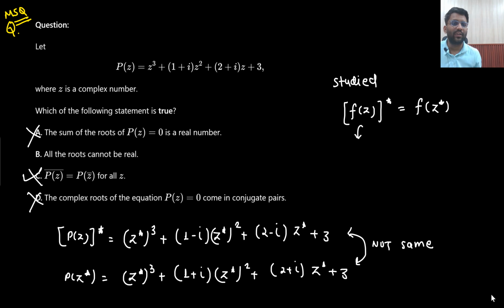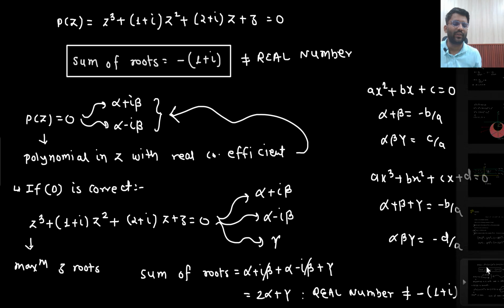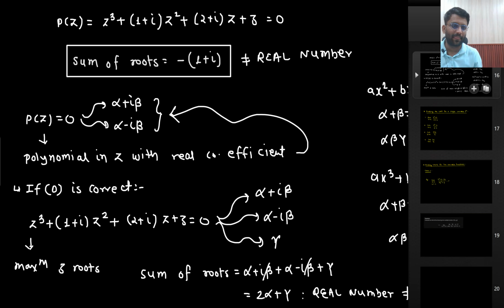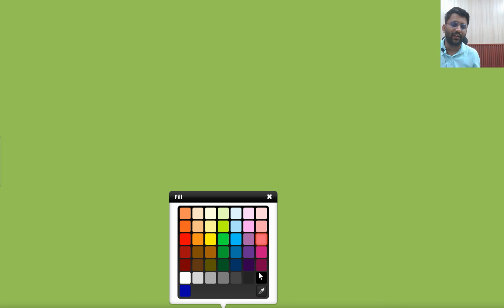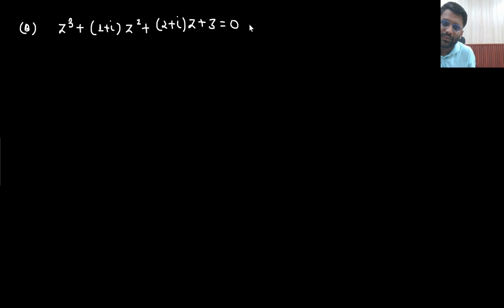Yes, if all the roots were real, it is pretty obvious. If all roots were real, what was your equation? z cube plus (1 plus iota) z square plus (2 plus iota) z plus 3 equals 0.